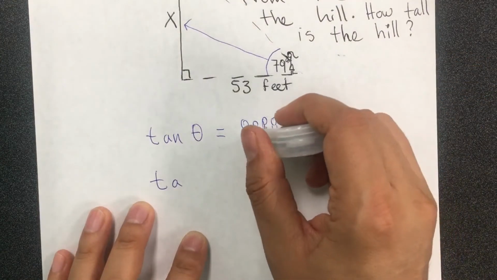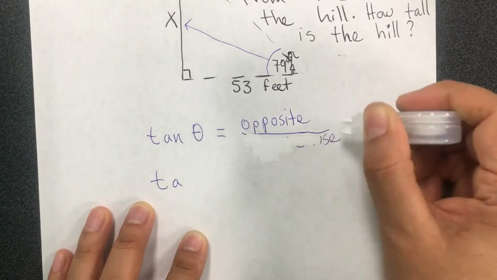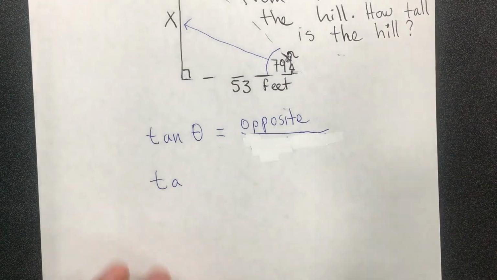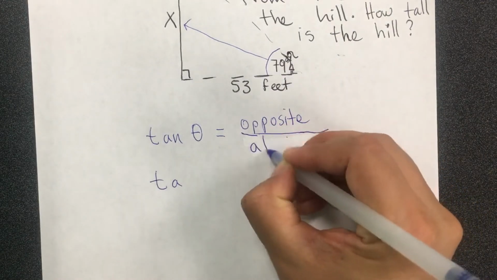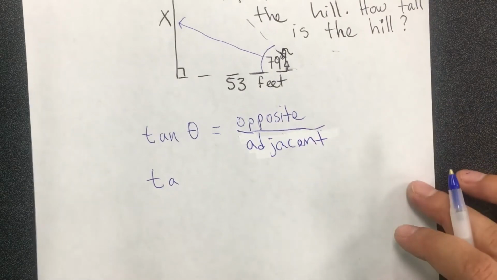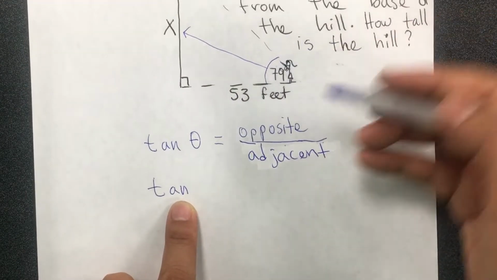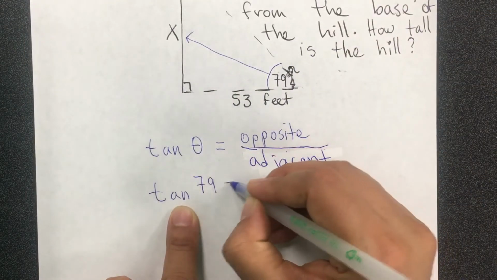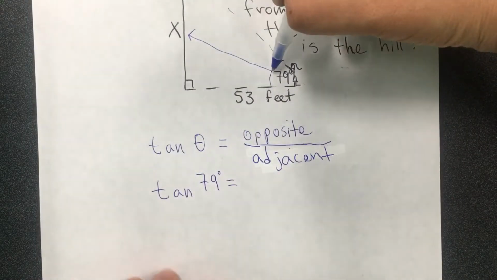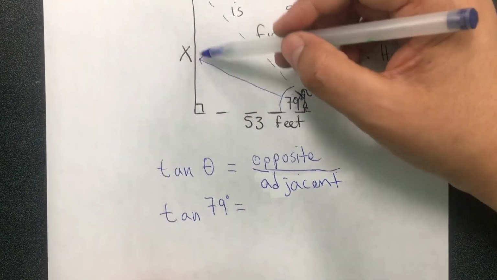Erase, erase, erase. It's not hypotenuse. It's opposite over adjacent. Okay, and so tangent of theta, what is theta? It's the measurement of the angle in degrees. Opposite is exactly in front of that angle, okay?